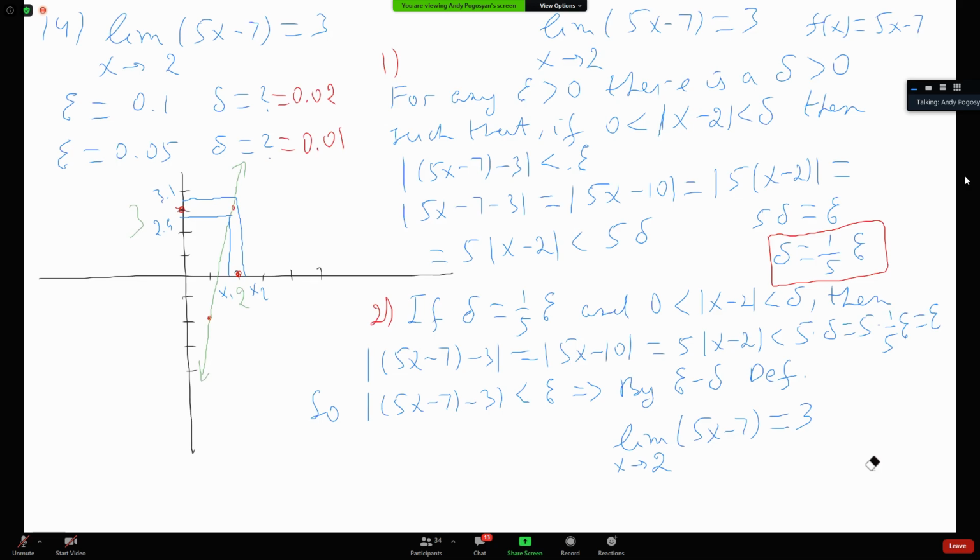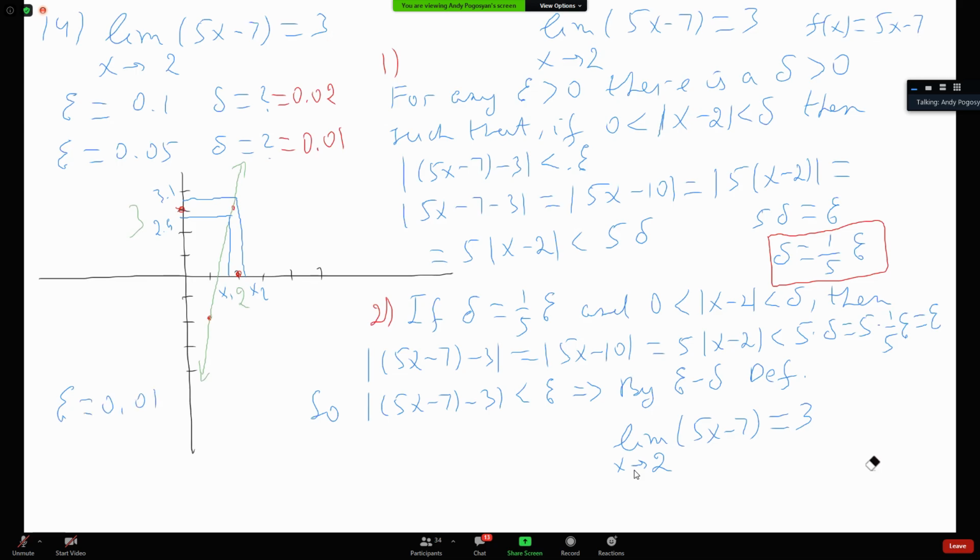Now, any question? This second part we did wasn't required for this problem, but because we had a numerical value, you can see how it works. See, for example, there was epsilon 0.01.